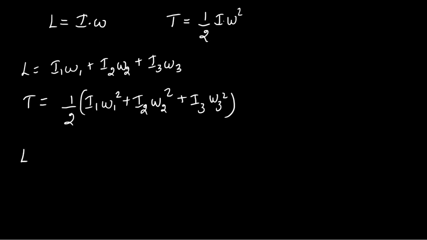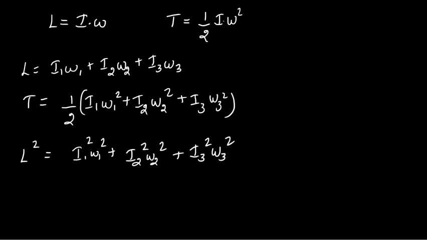So I say that here L square is equal to I1 square omega 1 square plus I2 square omega 2 square plus I3 square omega 3 square. Here L square represents L dot L. It is not squaring the whole term, not A plus B plus C the whole square.